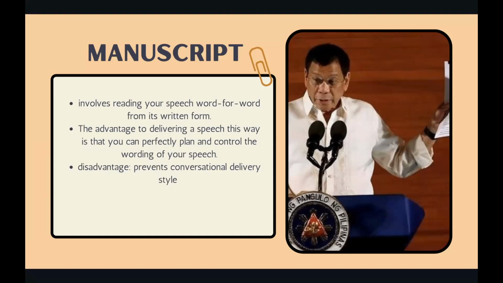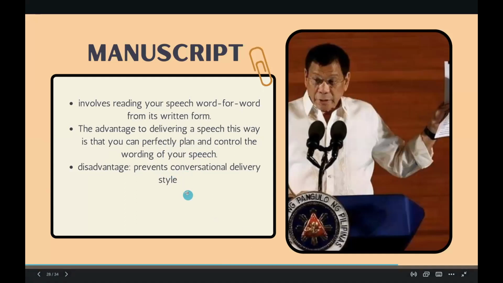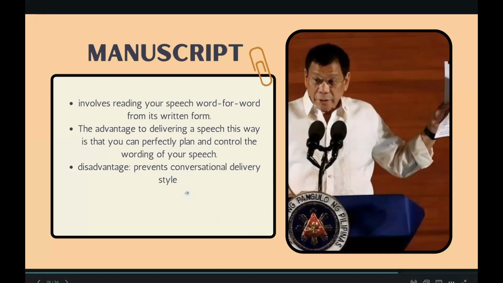Some politicians are able to read but they also sound very conversational. So some professional speakers are able to sound conversational, not monotone. But of course that's the disadvantage sometimes.